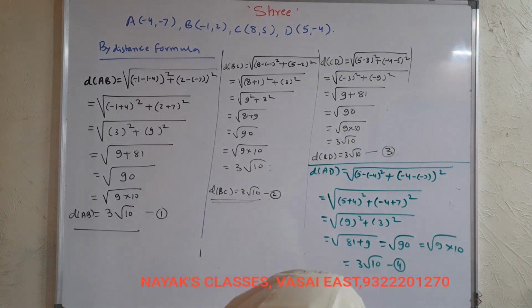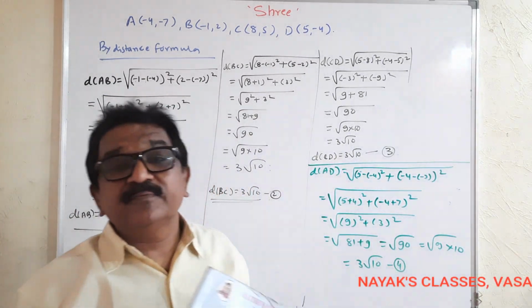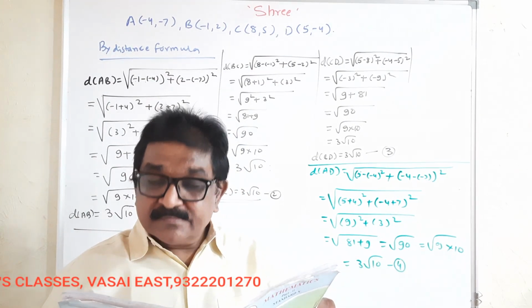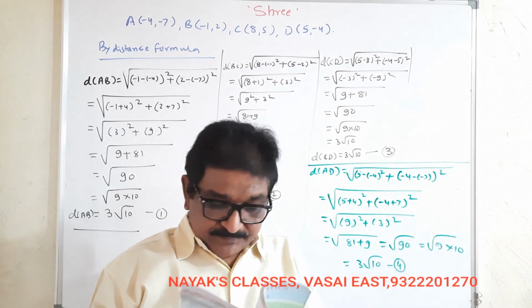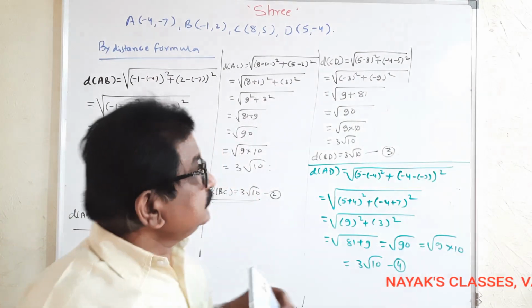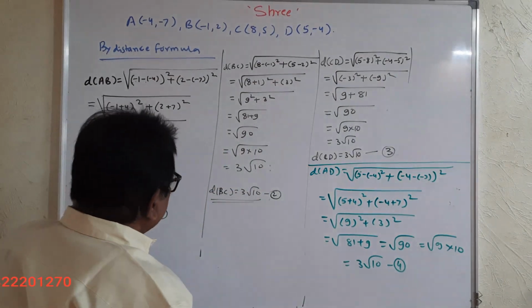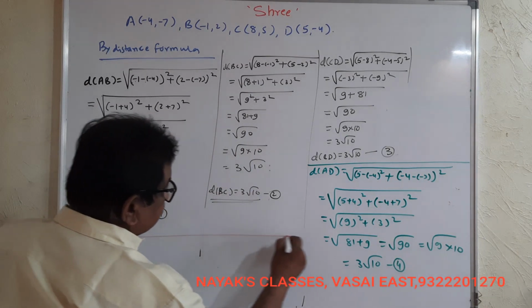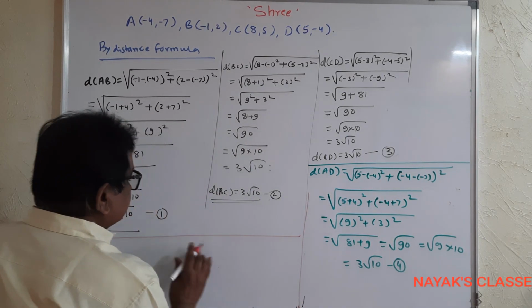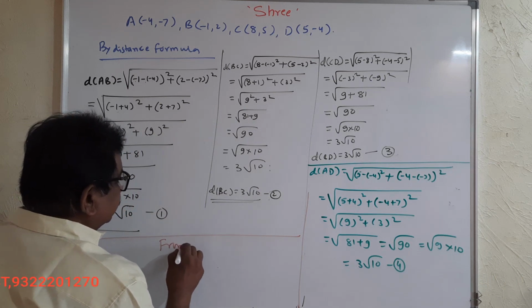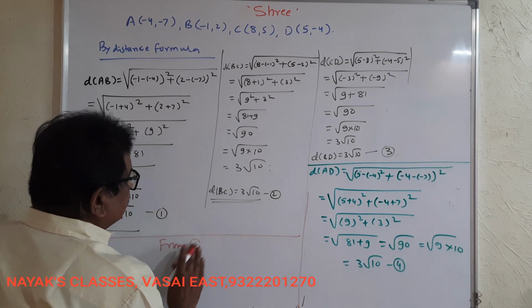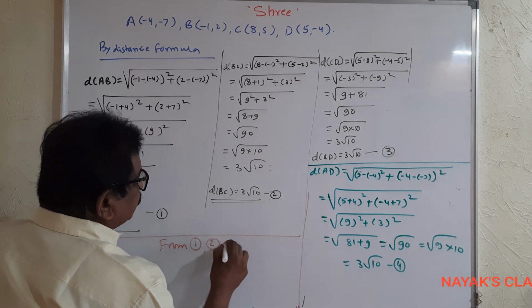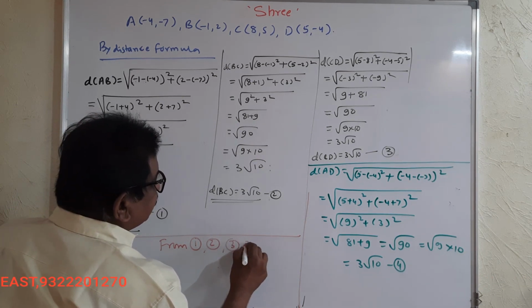So, the given vertices are of a rhombus.